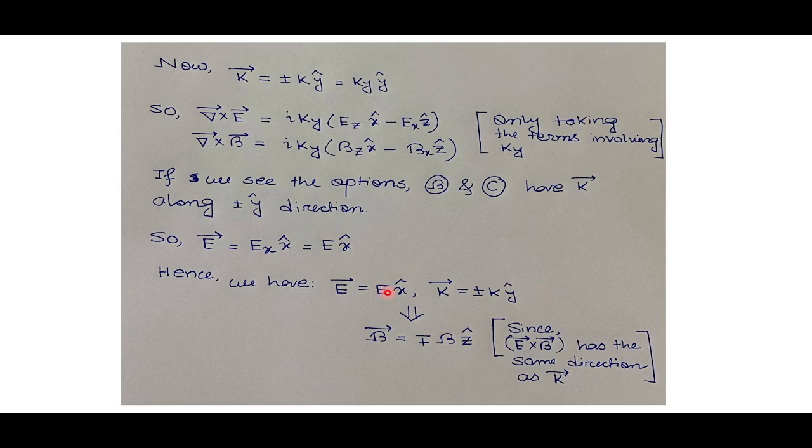E cross B: if you take x cap and minus z cap, you will see both options are correct. Right, Amit? Yes, sir. That's the confusing part. I will check the question, this is TIFR 2015, right? Yes, sir. I don't know how to proceed after that. I don't have any idea.